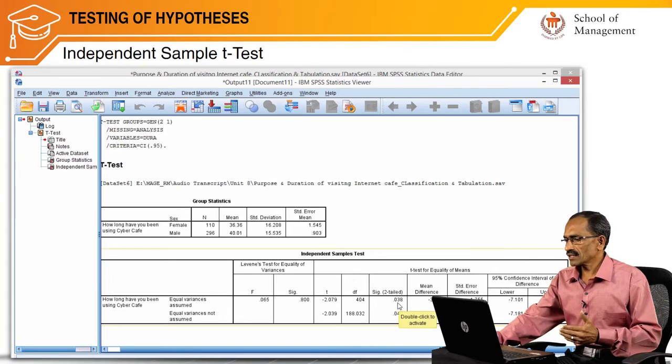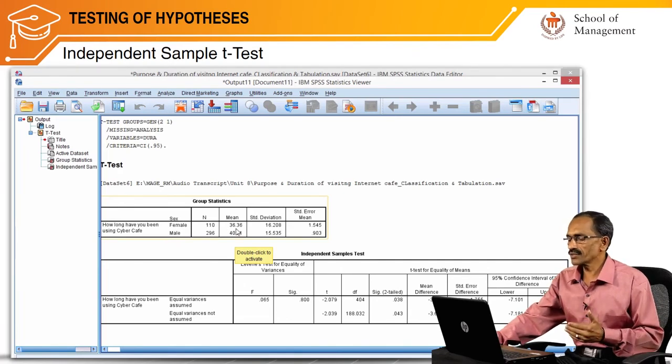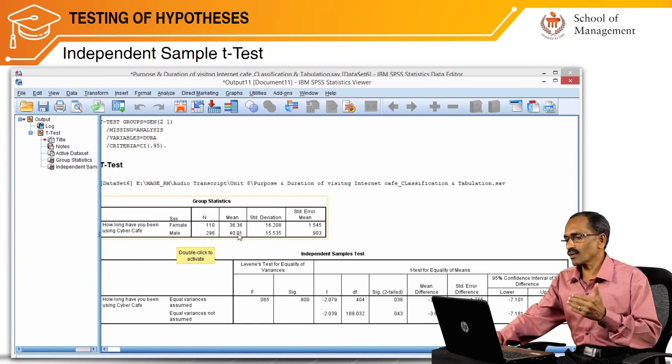That can be cross-verified from this group statistics table. The mean value of female is 36.36 and the mean value for male internet usage is 40. That means when female respondents on an average use 36 months as internet usage duration, male samples on an average use 40 months.